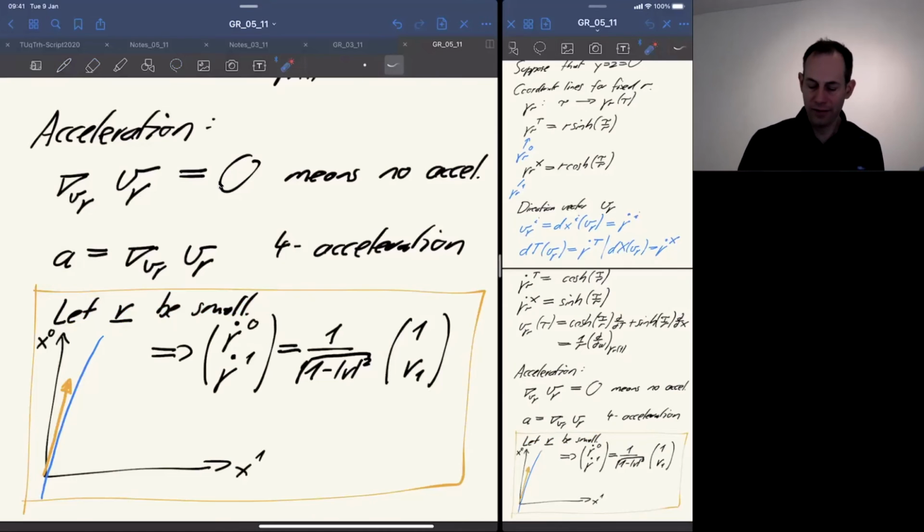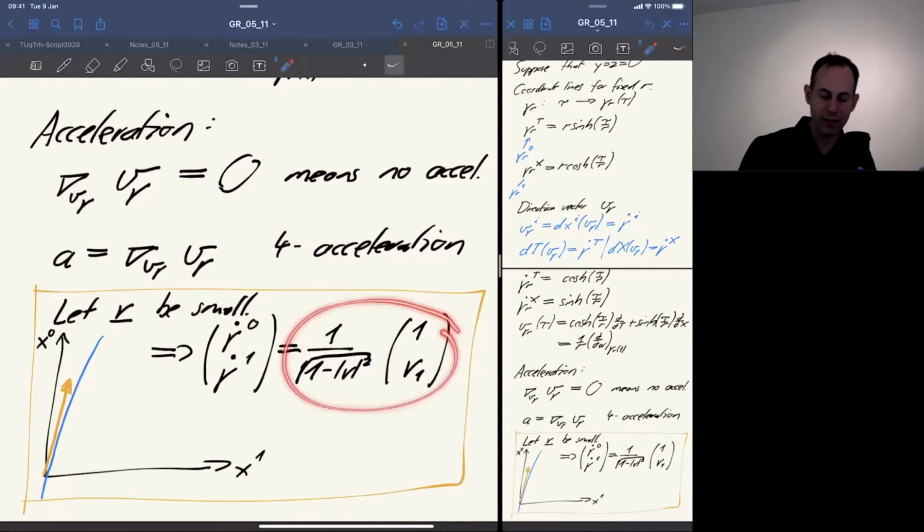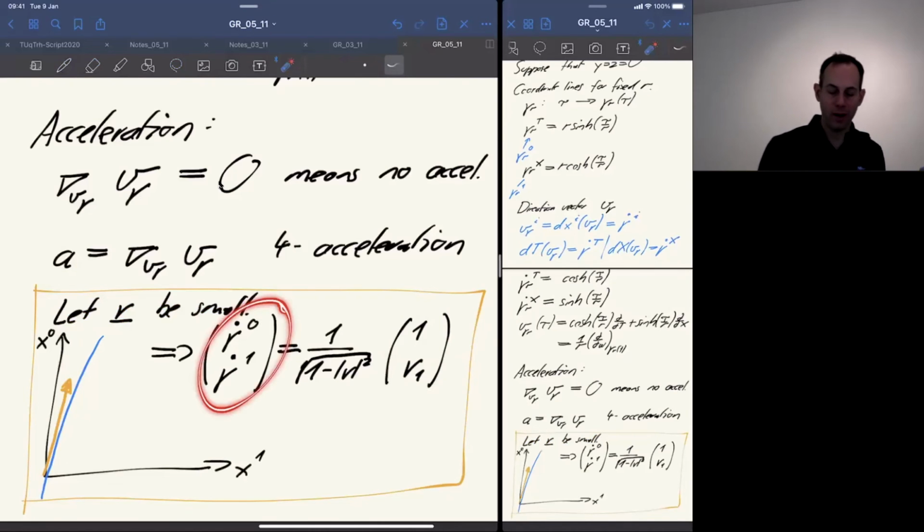So V1 is not, in other words, the component of a vector in our sense. Of course, you usually call this a vector, but it's not a vector in our sense. It's just in our reading a number, which via this relation is then somehow related to the components of a real vector. A real vector, a vector in our sense, and gamma dot is of course a vector in our sense.